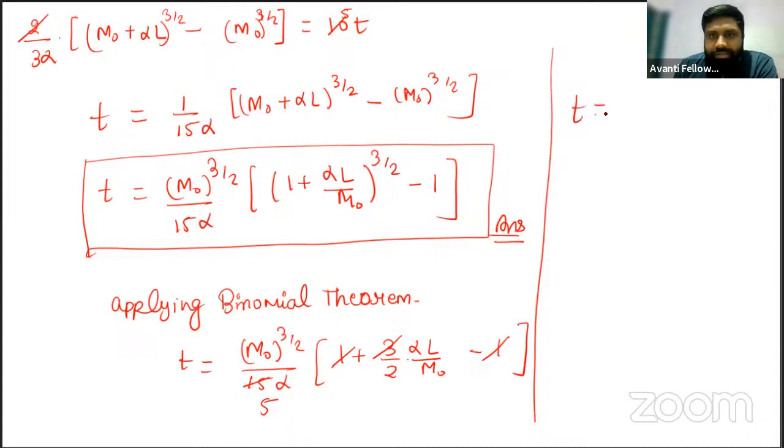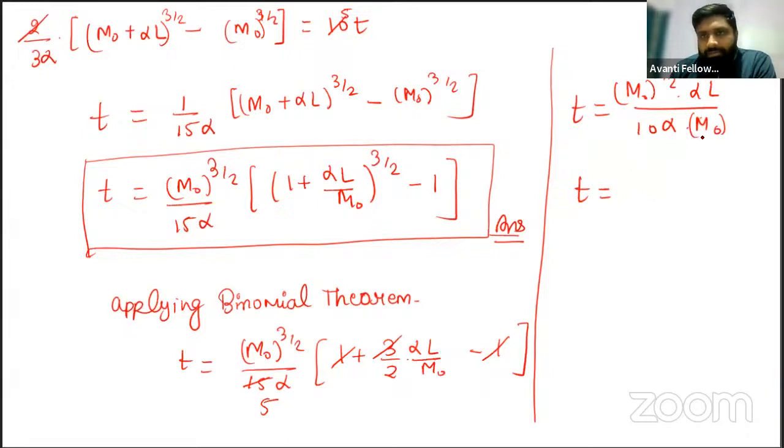So this time period will lead you to what? m naught raised to the power 3 by 2 alpha L divided by 10 alpha m naught. You can take this m naught upside, so the power will be minus 1 here, 3 minus 2 will become 1 by 2, and alpha is also cancelled out.